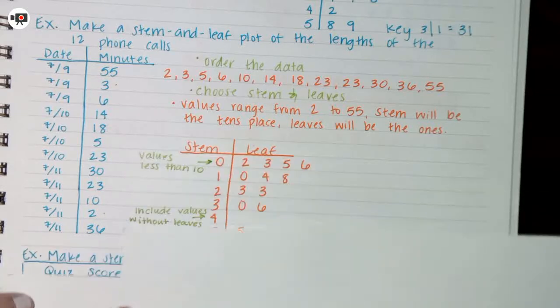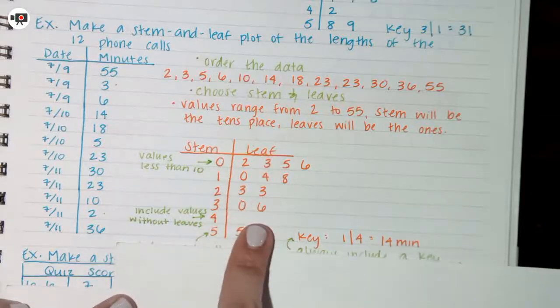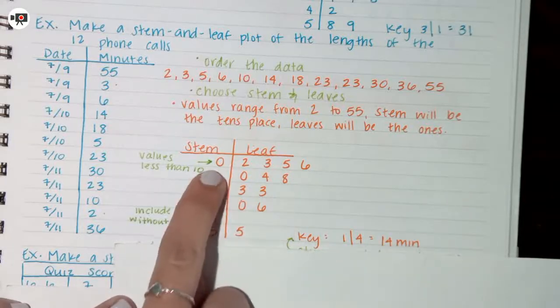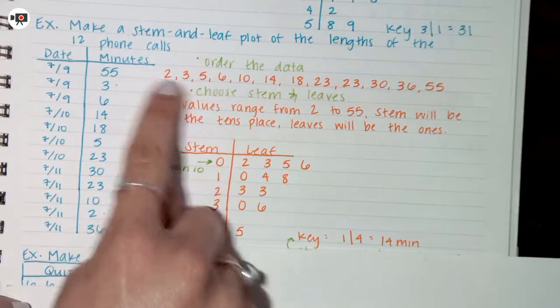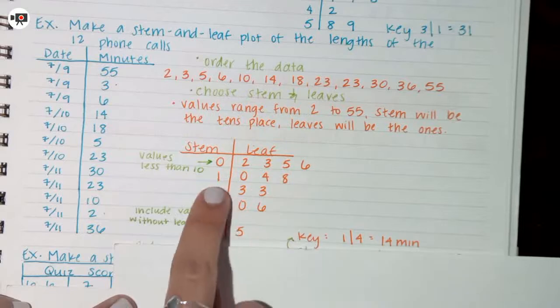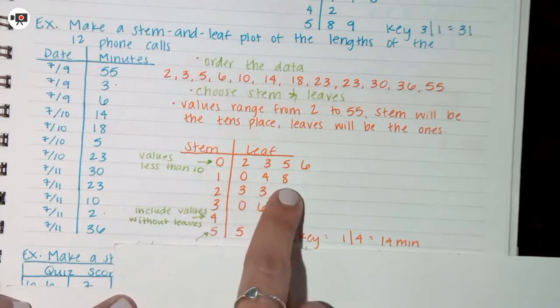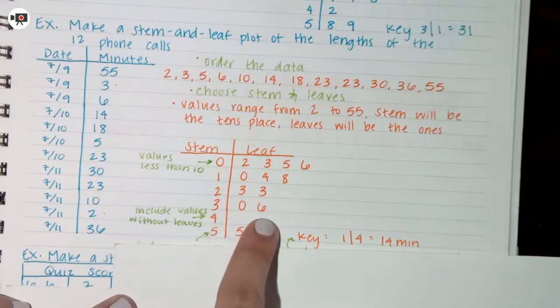So then I take all of this and put it here with the 10's place and the 1's. This 0 shows values less than 10, so they have 0 in the 10's place for 2, 3, 5, and 6. Then I have 10, 14, and 18, 23, 23, 30, 36.